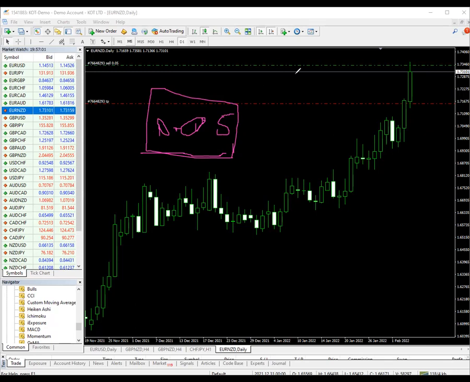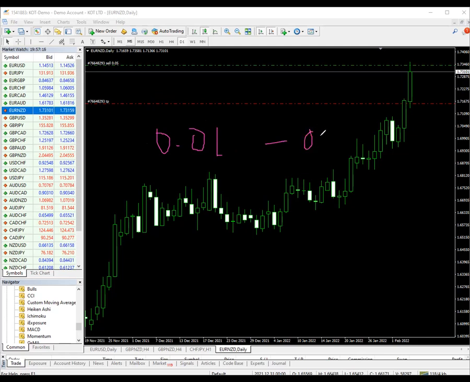So decide on one lot size. For instance, I would suggest that you use a lot size between 0.01 to 0.10. Decide on any lot size between this range.